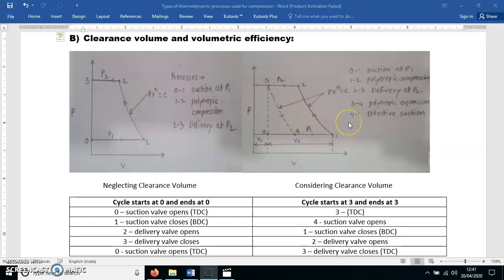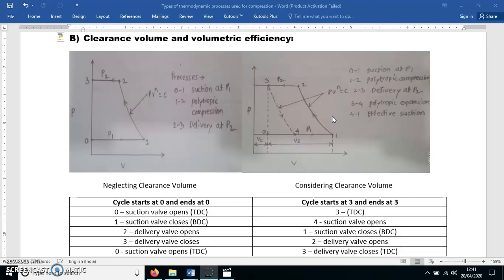What is the need of the clearance volume? As you know, in case of a compressor, the suction valve opens inside the cylinder. When the piston reaches top dead center at the end of the delivery, the piston should not strike the inlet valve, and therefore you have to keep some space above top dead center and below the cylinder head surface in order to avoid the striking of the piston to the inlet valve.